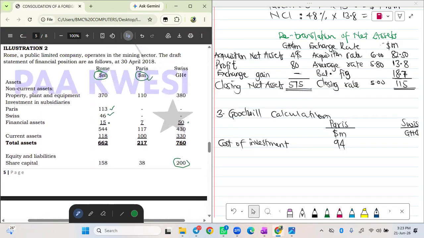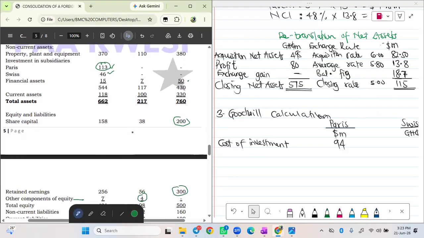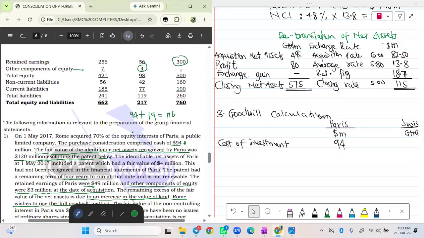If you count the investment in subsidiary, you see 113 here. That's why that one will go off. But for goodwill calculation, we calculate goodwill when control is achieved. Here they gained control on their first acquisition. 70% is controlling interest. That's why we are using the 94, not the 113.